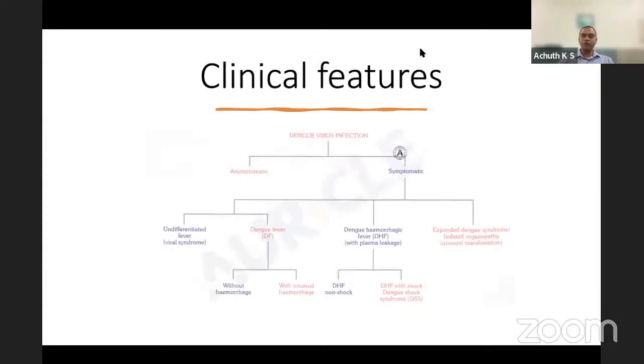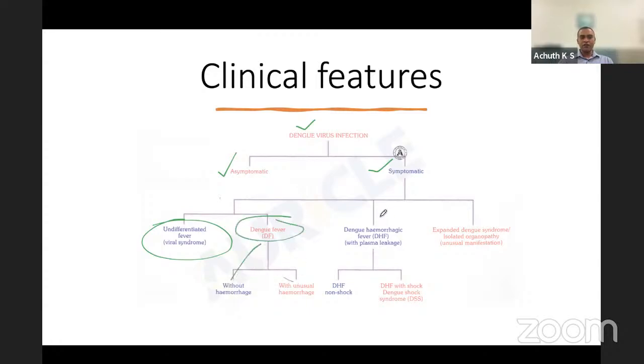Clinical features. We have peculiar clinical features. Once there is a dengue virus infection, the individual might be symptomatic or asymptomatic. If symptomatic, there is an undifferentiated fever, which, unless you do some investigation, just represents as viral fever, or it gives the characteristic symptoms of dengue fever with or without hemorrhage.